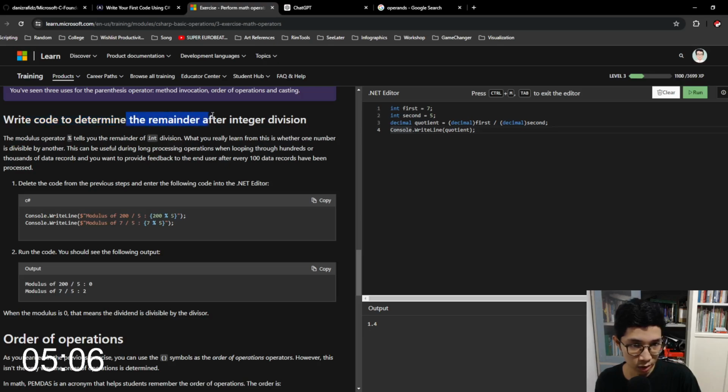Write code to determine the remainder after integer division. Remainder. This is the context of the section. The modulus operator, which has a circle with a division-like symbol, tells you the remainder of integer division.